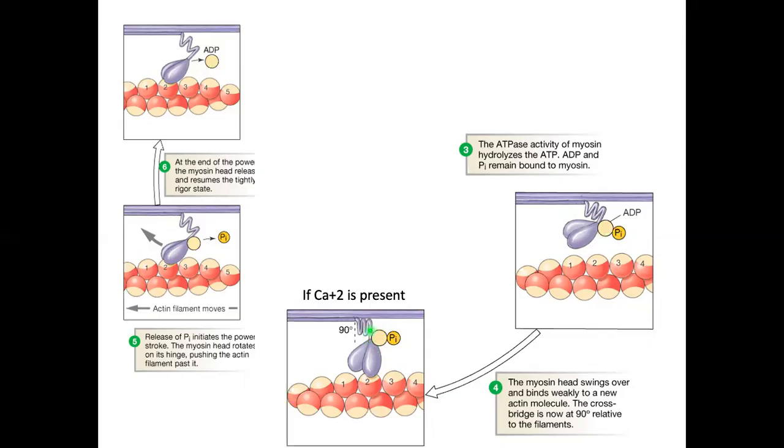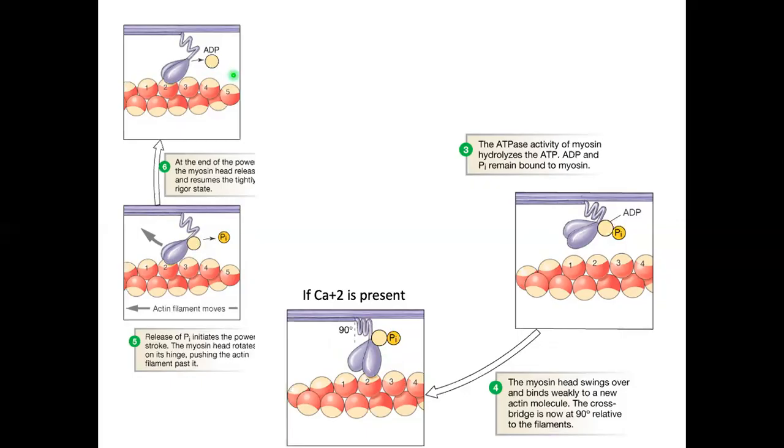That head will stay activated and it won't contract unless calcium is present. So notice how I have calcium up here. You have to have calcium to reveal those active sites on actin for myosin. Then myosin is going to bind to the actin, and then the phosphate leaves, you get the power stroke, and then the ADP leaves, and you're stuck in the rigor state.